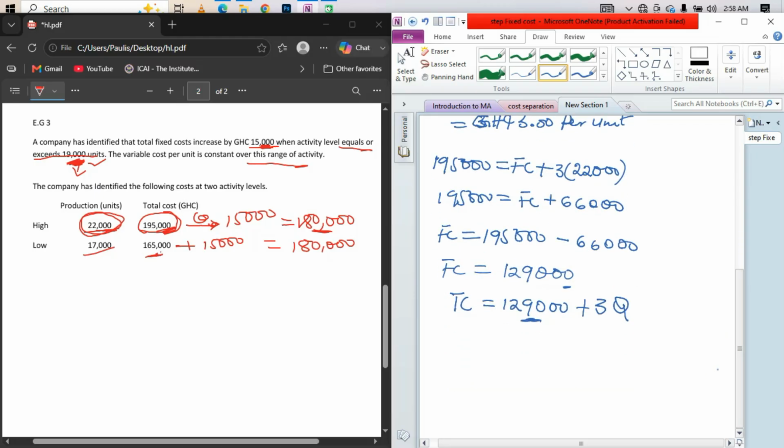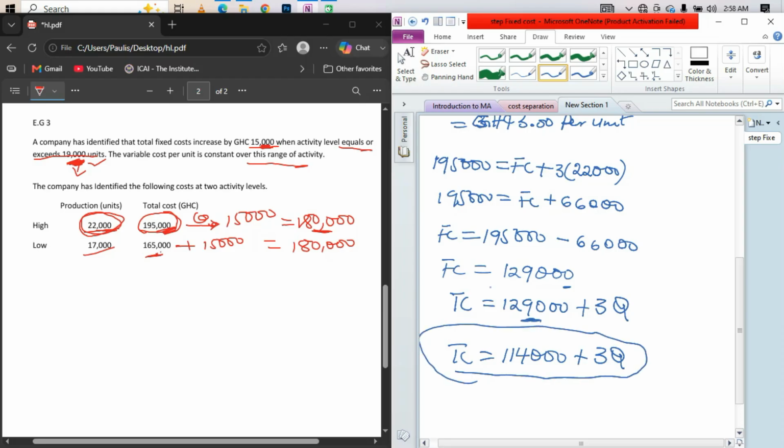We must subtract the increment of the 15,000 from the fixed cost. So the total cost should be equal to 129,000 minus 15,000, and that will give me 114,000 plus 3Q. So this is for below 19,000 and this is above 19,000.